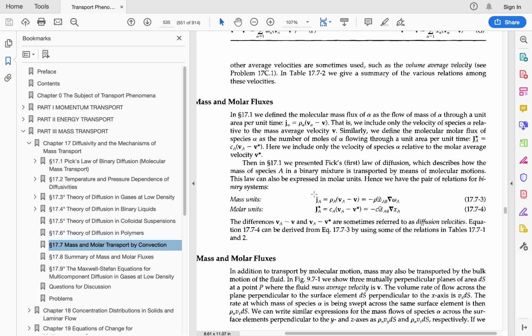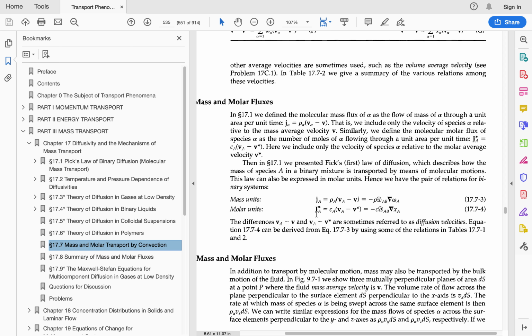Remember, flux equals concentration multiplied with velocity. So for this case, j_A, the mass concentration multiplied with its velocity, is equal to minus rho D_AB multiplied with the gradient of its mass fraction.